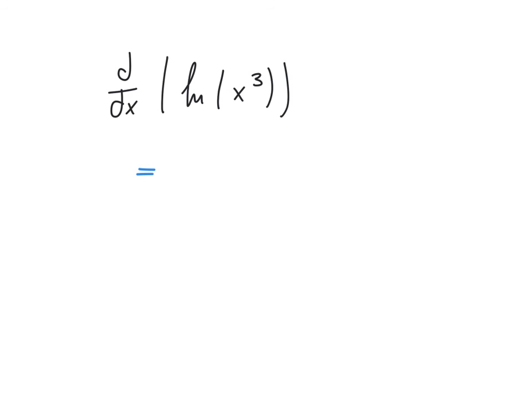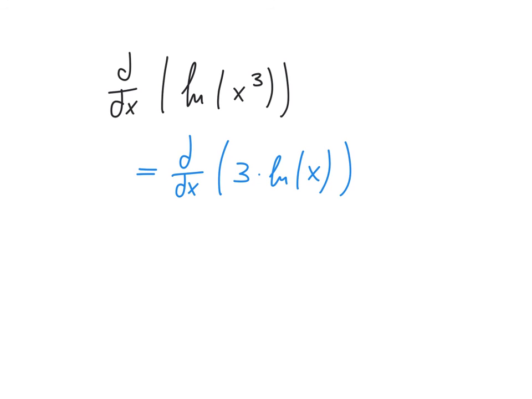So this is the same as the derivative d dx of 3 times ln x, just x, of course, right? 3 times ln x, that's the law of the logarithm.